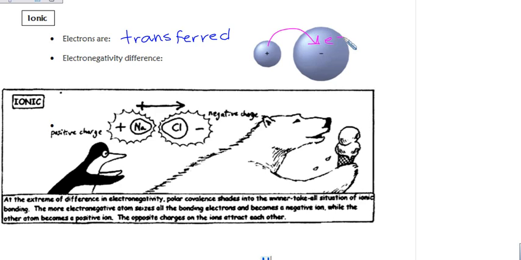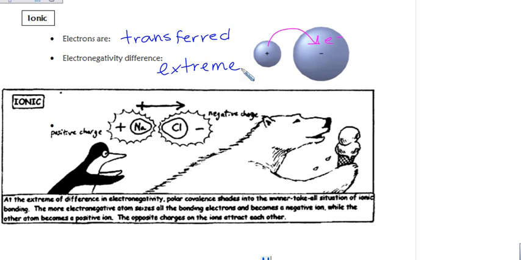This is where you get the full charge. +1, +2, -1, -2, -3. The electronegativity difference between the atoms in this ionic bond is extreme. The atoms will have very different electronegativity values.